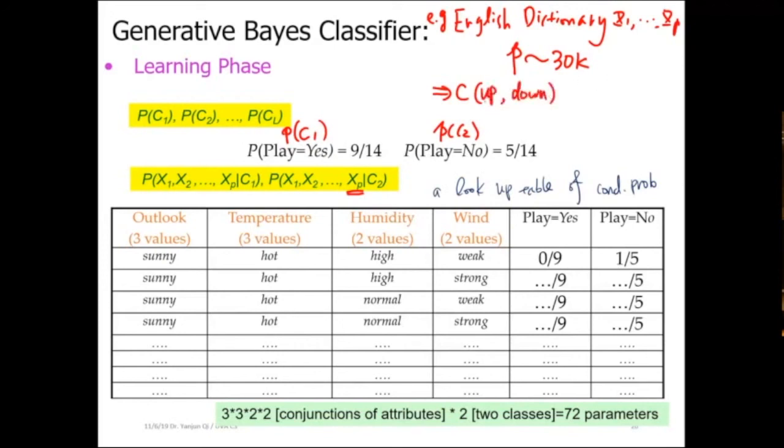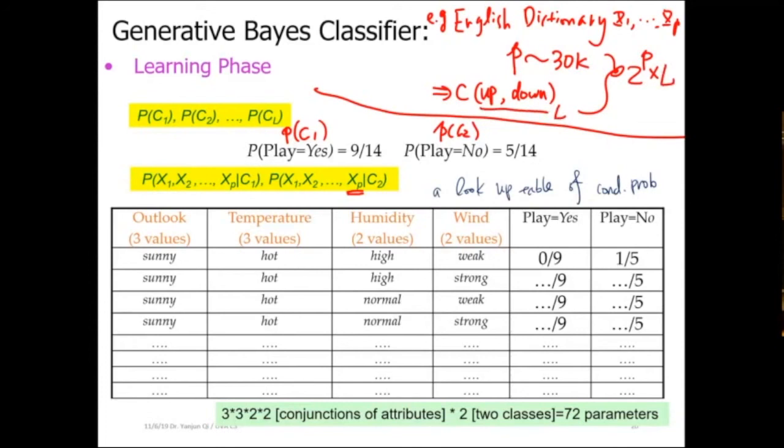So how many parameters do you need to estimate for this case? Use the same calculation as this lookup table: 2, 2, 2, 2, which means 2 to the p, and then times 2. Assuming there are L class labels in total, this is the size of that lookup table you have to estimate.